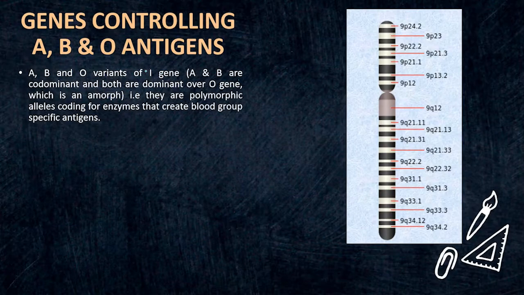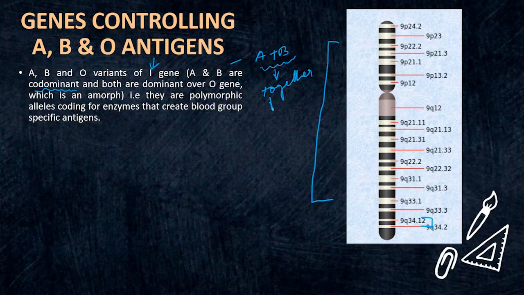The A, B and O variants are of the I gene, which we had already discussed is present on the 9th chromosome somewhere around this area, and the A and the B genes are codominant over each other. Codominance means that when A and B genes are present together in the genotype of an individual, they give rise to a third type of phenotype.